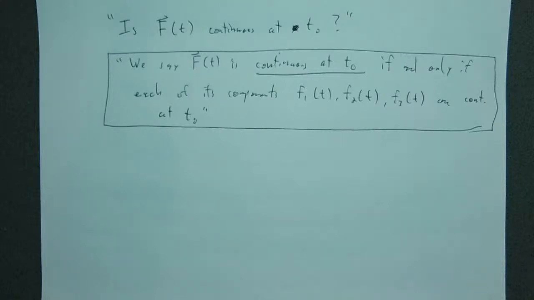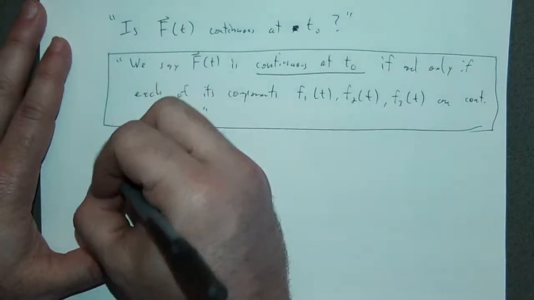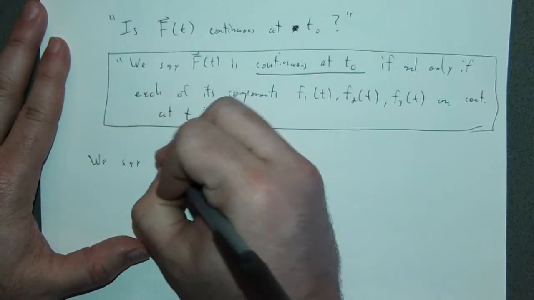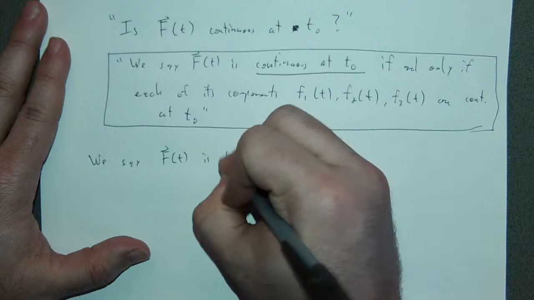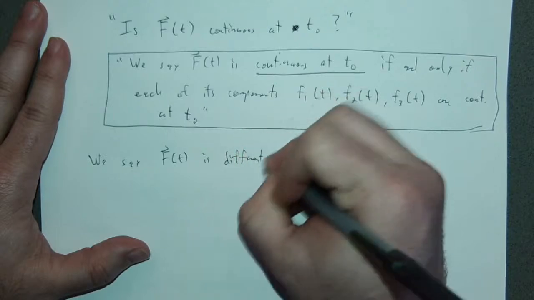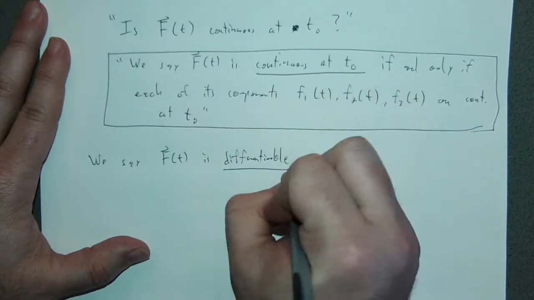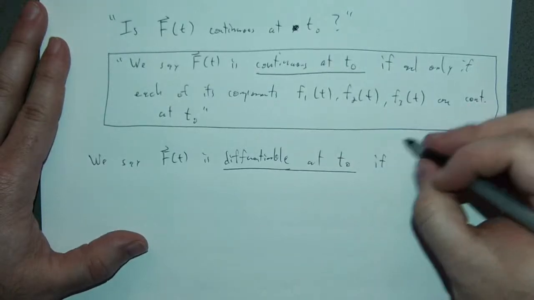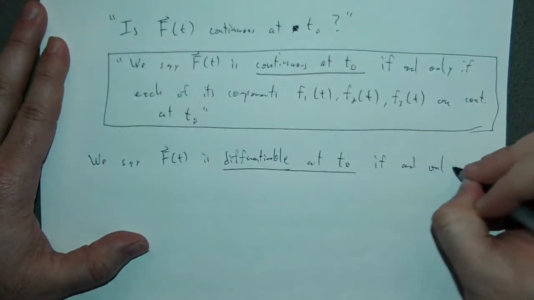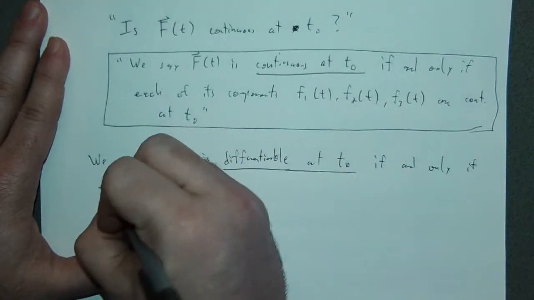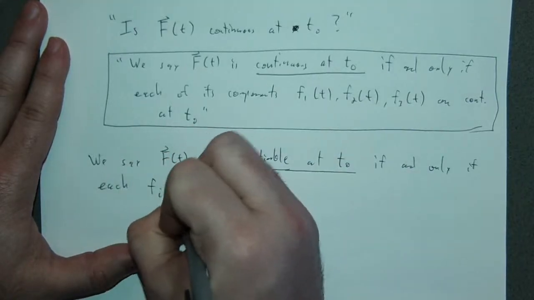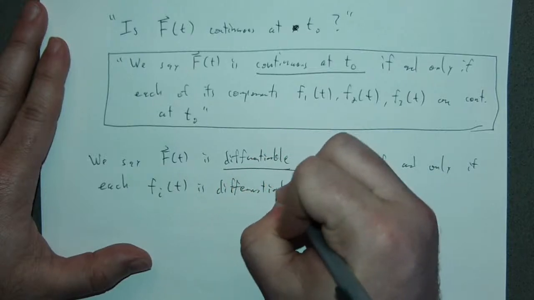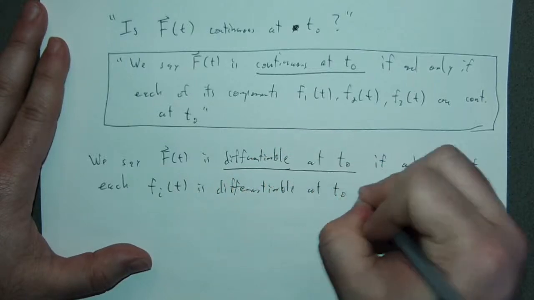Okay, and so similarly, we say f of t is differentiable at t naught if and only if each f sub i of t is differentiable at t naught.